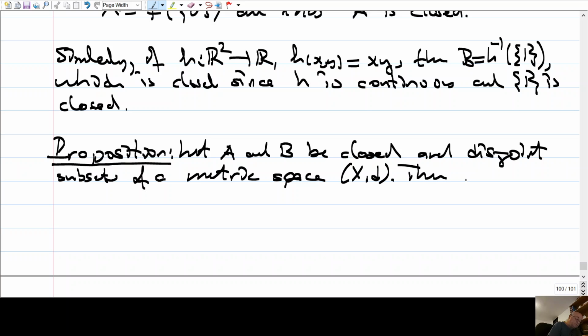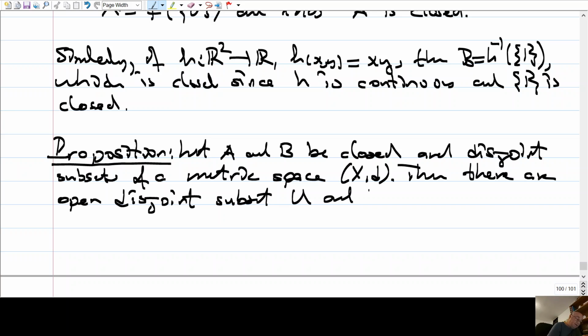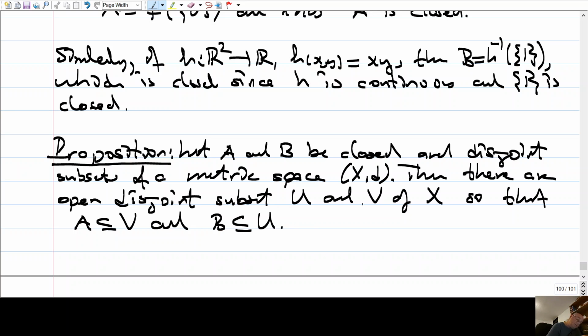Then there are open disjoint subsets U and V of X, so that A is in V and B is in U. And these are disjoint subsets. So this is what we have proved above.